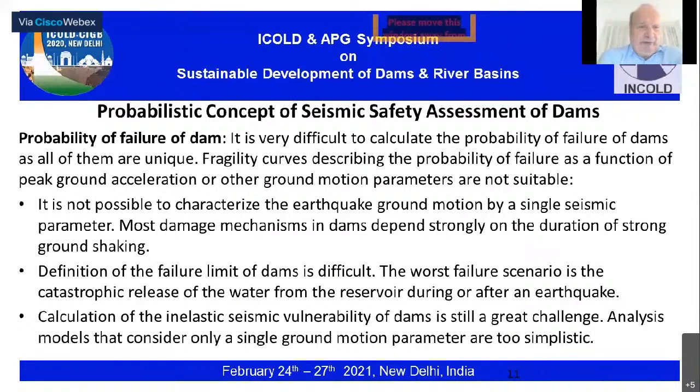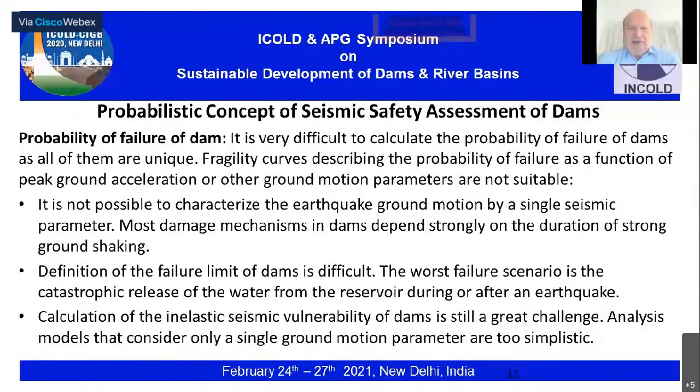Now, if we look at the second one, the probabilistic concept of seismic safety assessment of dams, there we basically calculate the probability of failure, which is a basic requirement. It is very difficult to calculate the probability of failure of dams, because all of them are unique, so you would have to check one by one.